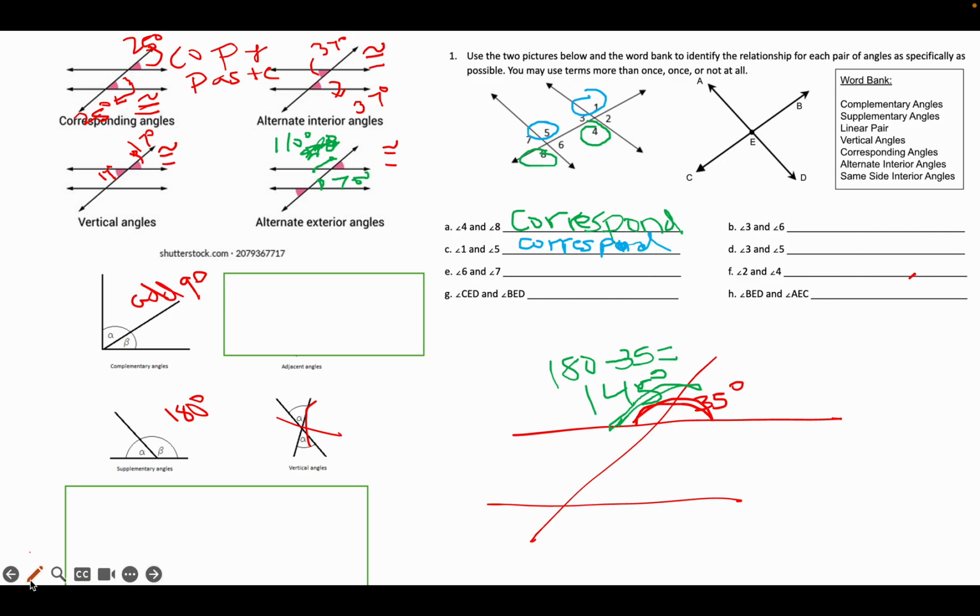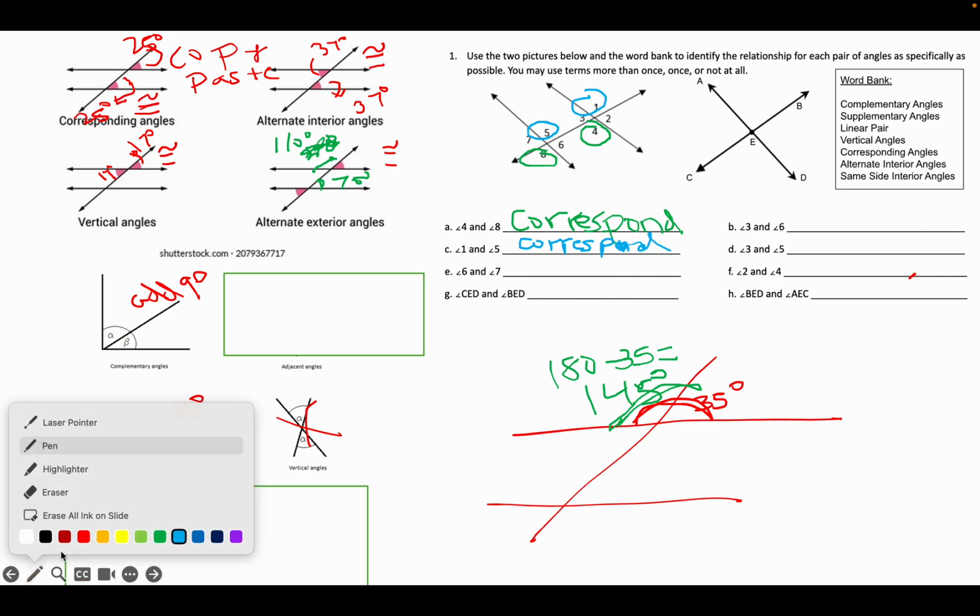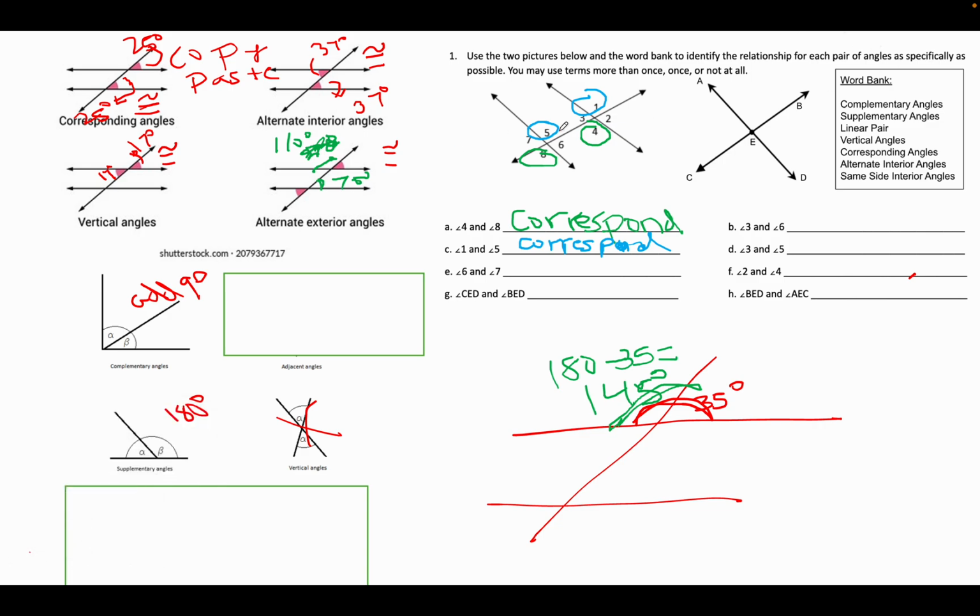Another color. Six and 7. So 6 is here, 7 is here. Those are V's next to each other. They look like this right here, vertical angles. Three and 6. Running out of colors here.